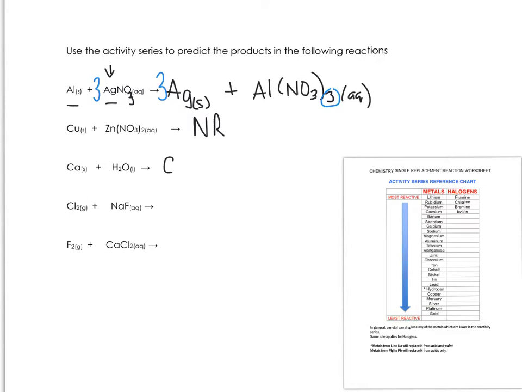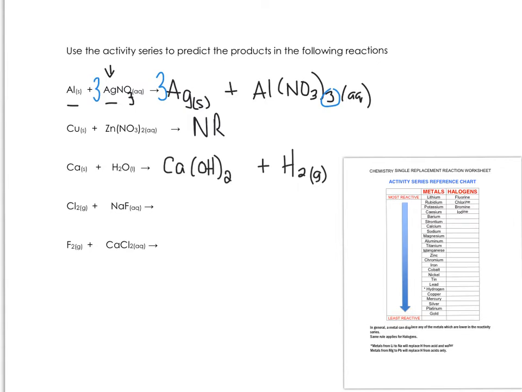You will make the metal hydroxide and hydrogen gas. So always, if you have a single displacement reaction, you will form the metallic hydroxide, so a base, plus hydrogen gas.